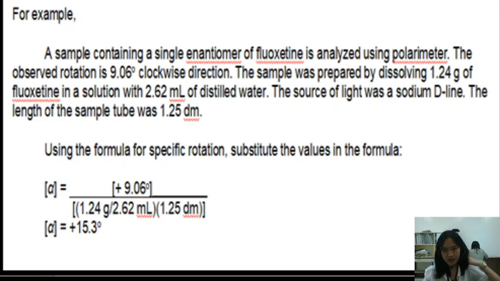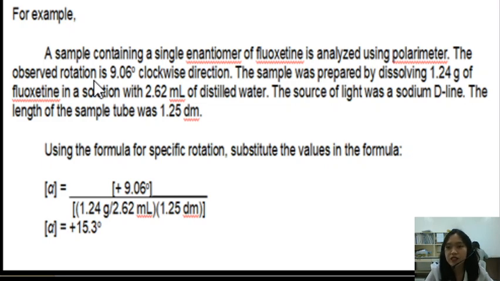Okay, so example natin. You have the example for calculating the specific rotation of your plane polarized light. Okay, so a sample containing a single enantiomer of fluoxetine is analyzed using a polarimeter. So, you are trying to analyze the fluoxetine through a polarimeter. The observed rotation is 9.06 degrees clockwise direction.